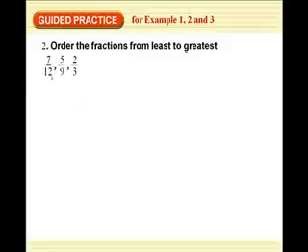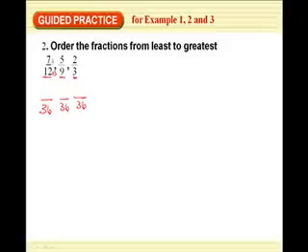So order, okay, we got 12 and a 9 and a 3. What can all of those go into? 24, no, 36. 12 times 3 is 36, 9 times 4, 3 times 12. Let's try 36. Let's rename them to all have a 36 on the bottom.